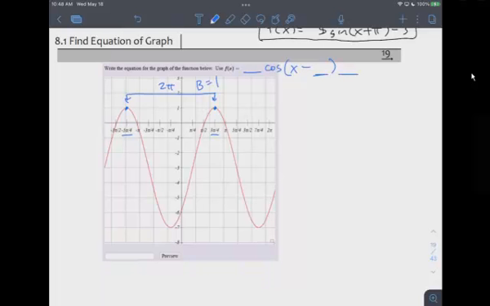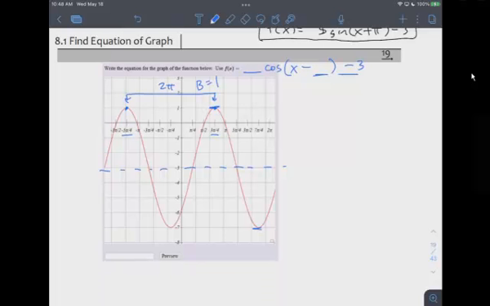Okay, so let's find our midline. So I have a maximum at 1 and a minimum at negative 7. So if I want to find the halfway point between those, 1 plus negative 7 is negative 6. Divide by 2 is negative 3. So there's my midline, meaning negative 3 is my vertical shift.